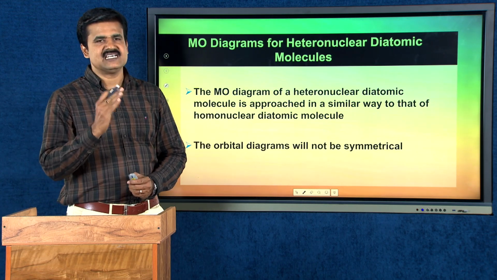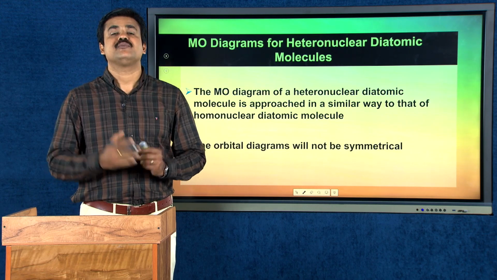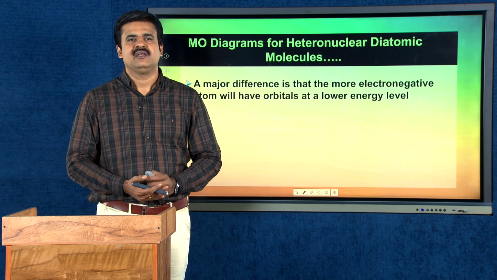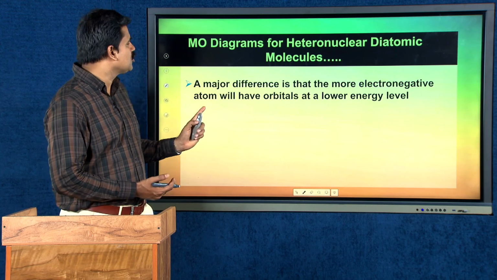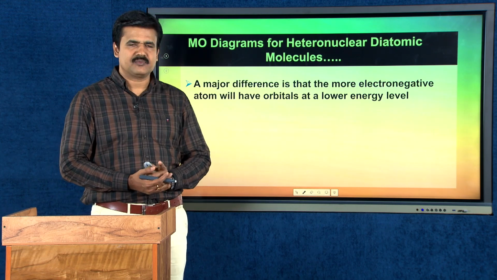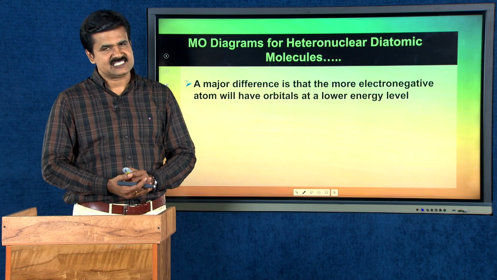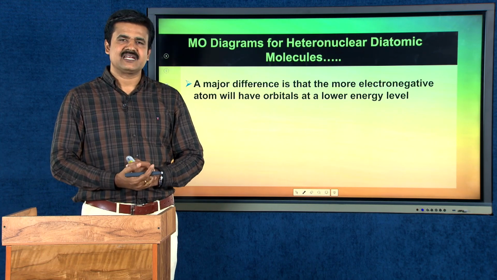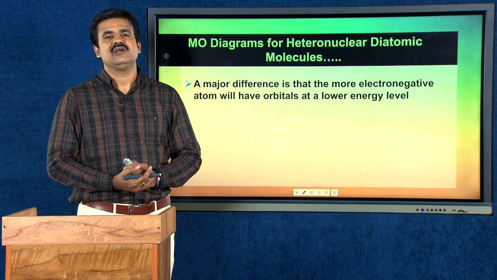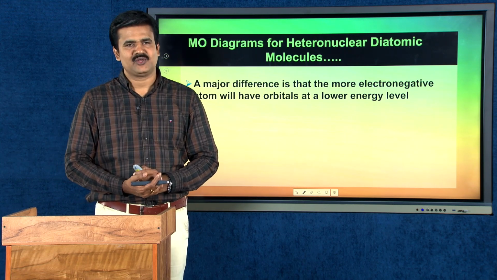The major difference is that the more electronegative atom will have orbitals at a lower energy level. This is the major difference between the molecular orbital diagram of a heteronuclear diatomic molecule and that of a homonuclear diatomic molecule.